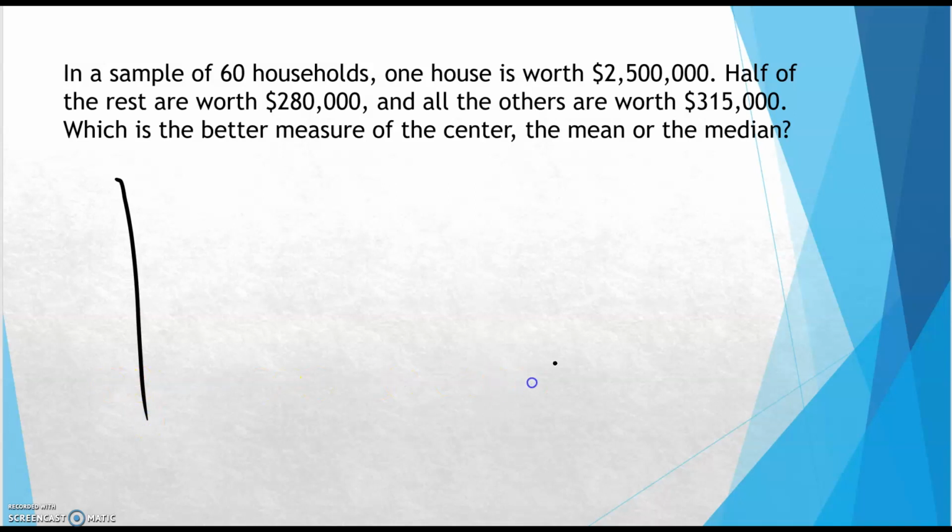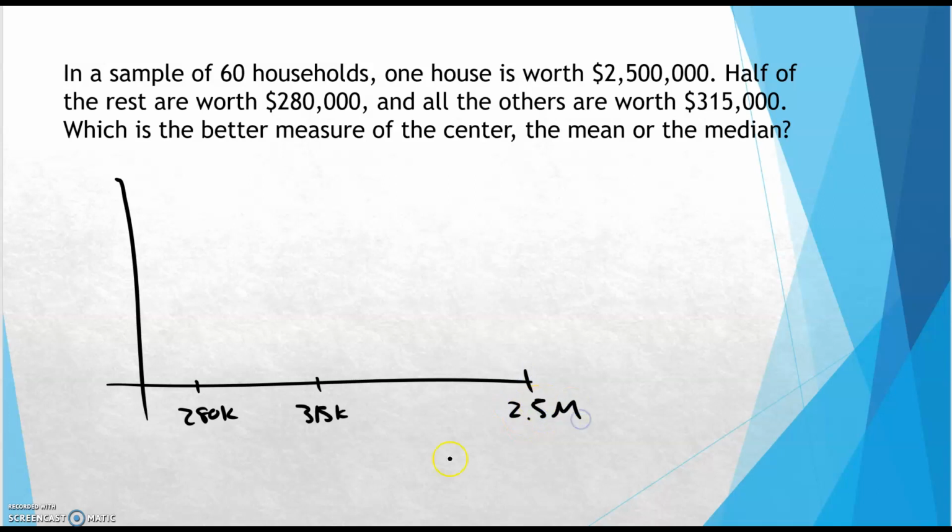Right here is 280K, 315, and then way over here is the 2.5 million. One person has 2.5 million, and half of the rest of the people have 280K and the other half have 315K. So your distribution would look something like this.